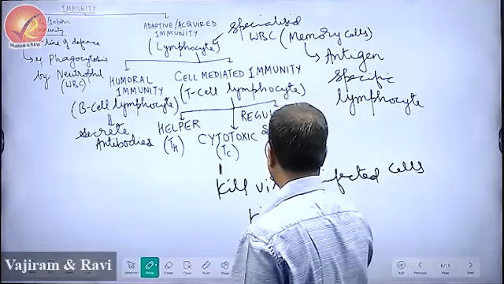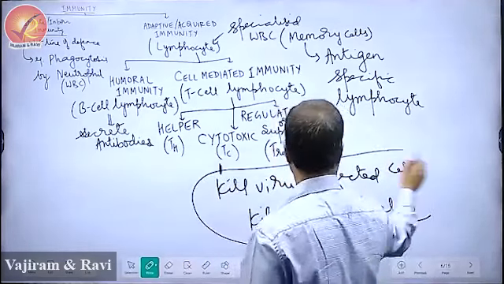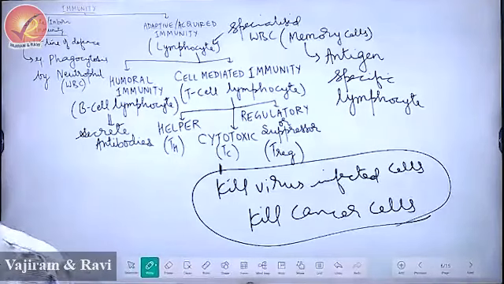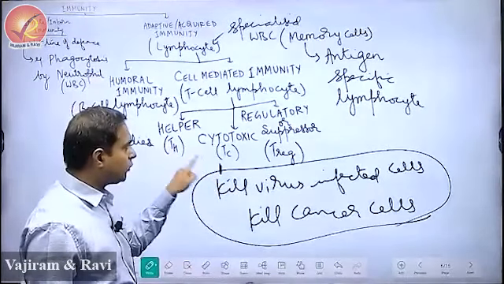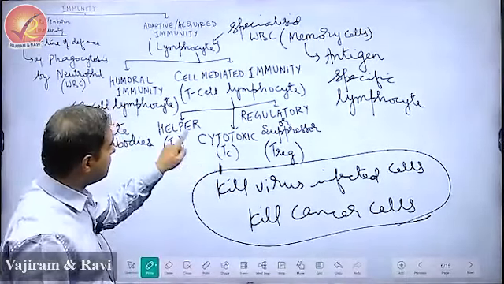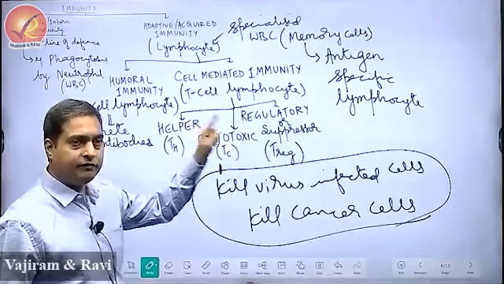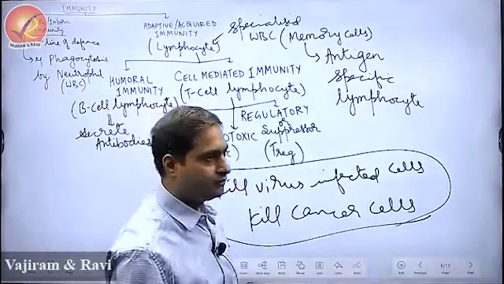This is a very important point. They not only kill the virus infected cell, but they also have the ability to kill the cancer cells in your body. These two are very important roles that you must remember: it is the cytotoxic T cell or cell mediated immunity that is preventing that severity even after breakthrough infection.